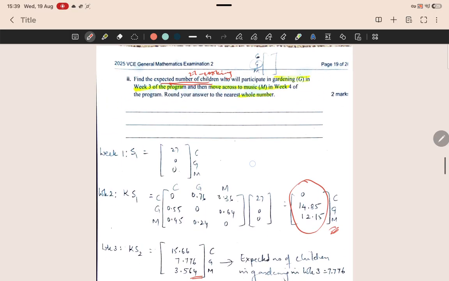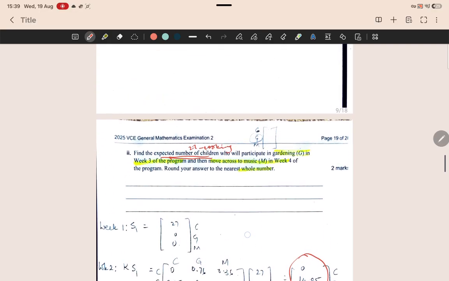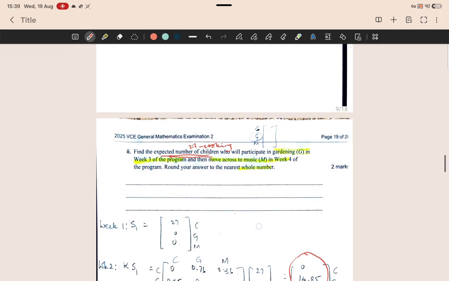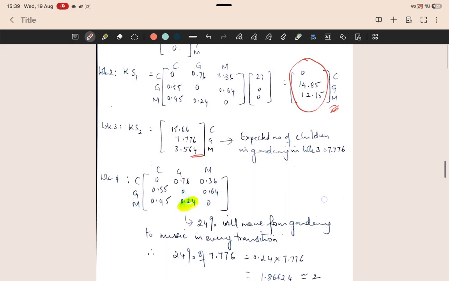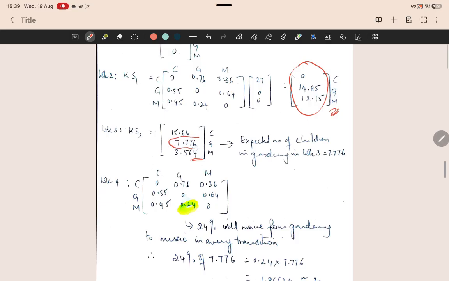In week 3, the question asks you, what is the expected number of children who will be participating in gardening? So we have to find how many will be participating in gardening and then moving to music in week 4. So this was the number of children who were participating in gardening in week 3. Now, in week 4, the percentage of children who will be moving from gardening to music, can you see? Gardening to music is 24%.